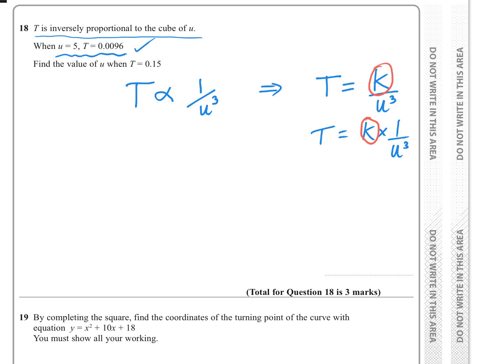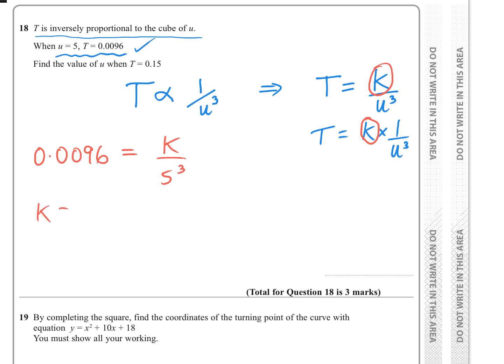So I'm not going to go into too much detail on these, because I've done these on previous questions before with probably more detail than what you really needed. So let's just put the values in and see if that helps us find the value of k. This is a calculator paper, so we're going to be okay with this. So if t is 0.0096, that means that will be equal to k over 5 cubed.